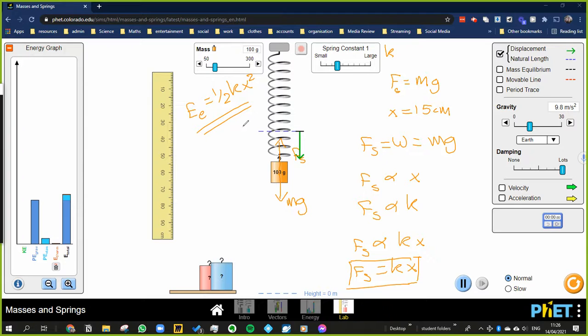Incidentally, I'm stretching it, but I could do the same thing by compressing it. When I compress it, I also store energy in the spring. And we know that if you squash a spring down and release it, it'll turn into kinetic energy. So that is how to calculate elastic energy, and this is how to calculate the force that would be applied to the spring.